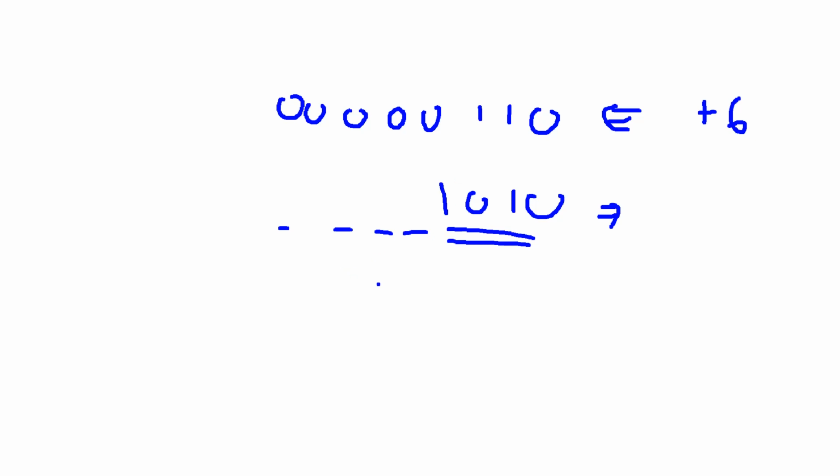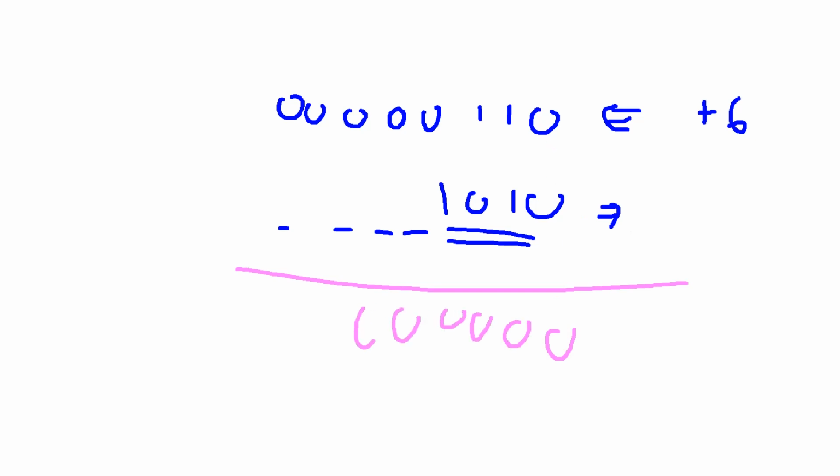After that, you find the number that gives 0 0 0 as the result of summing between this one and this one.